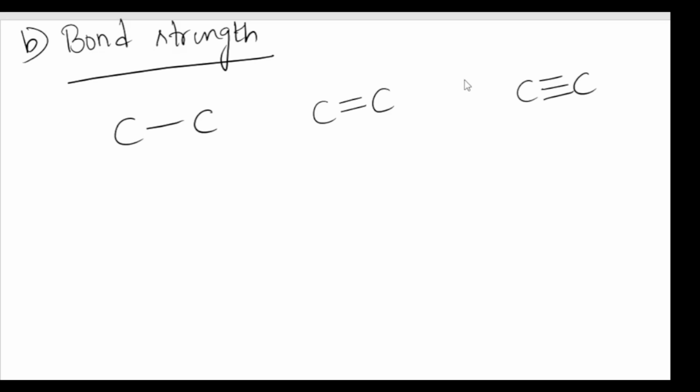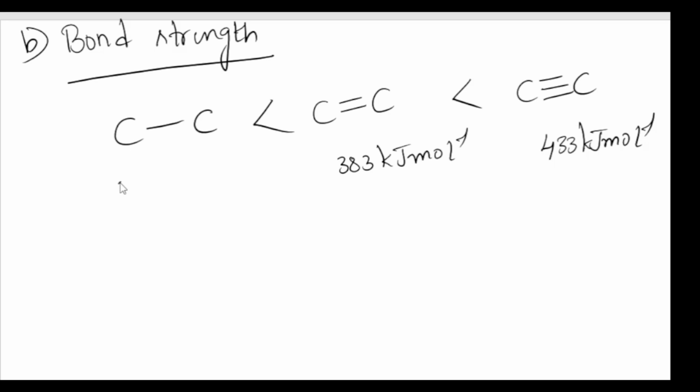That's why bond strength will be greatest for carbon carbon triple bond, then carbon carbon double bond will come, and at last carbon carbon single bond. If we want to give the numerical values, it is 433 kilojoule per mole here, 383 kilojoule per mole here, and here it is 347 kilojoule per mole.